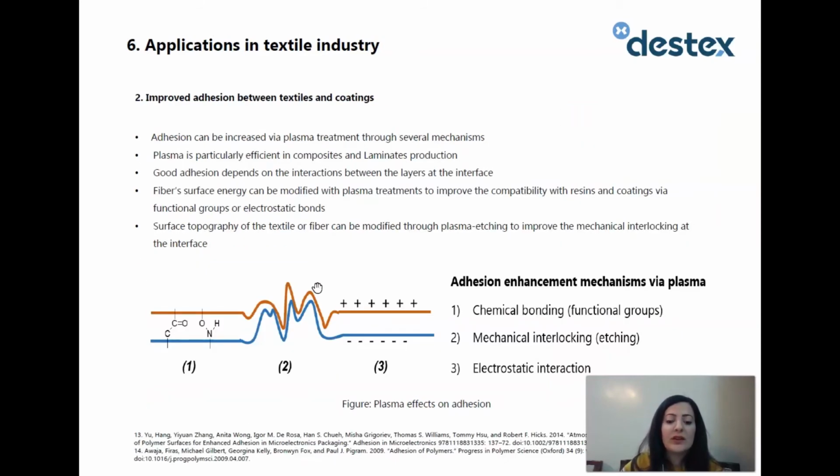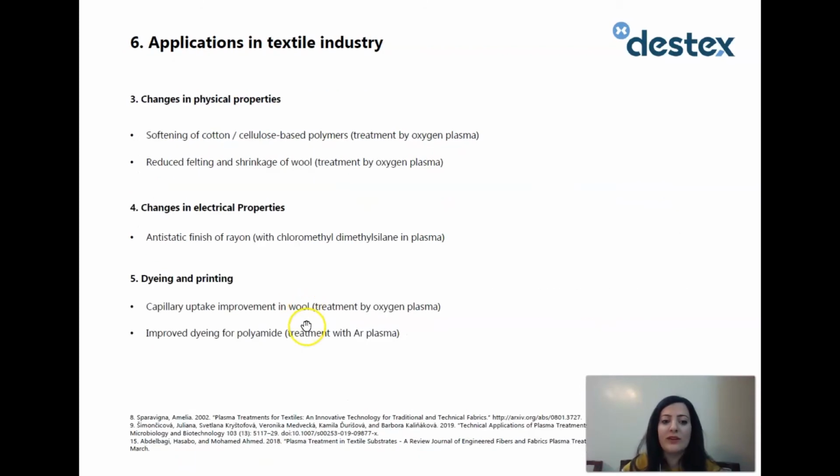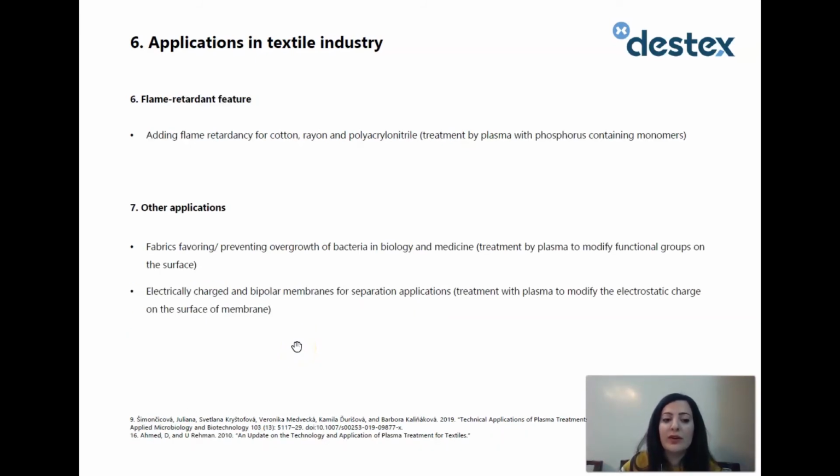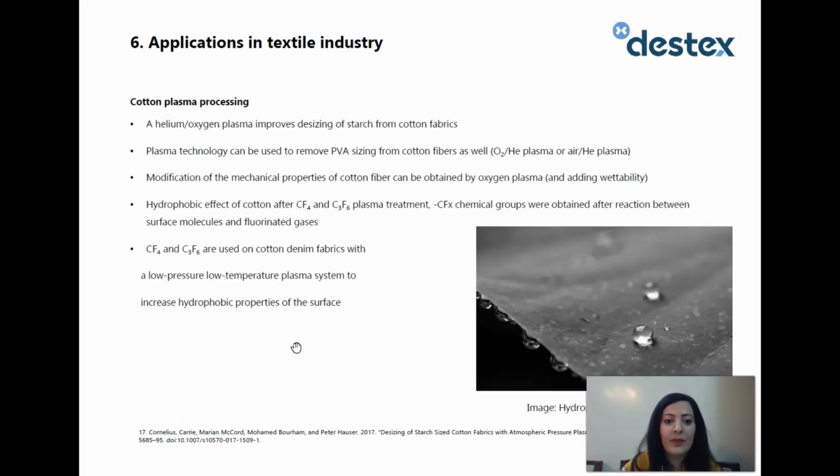Another application, especially important in the case of composite materials, is to increase the adhesion between the textile and the coatings. Also, via plasma, we can have some changes in the physical properties, electrical properties, and also we can introduce new functionalities like flame retardancy to the textiles.